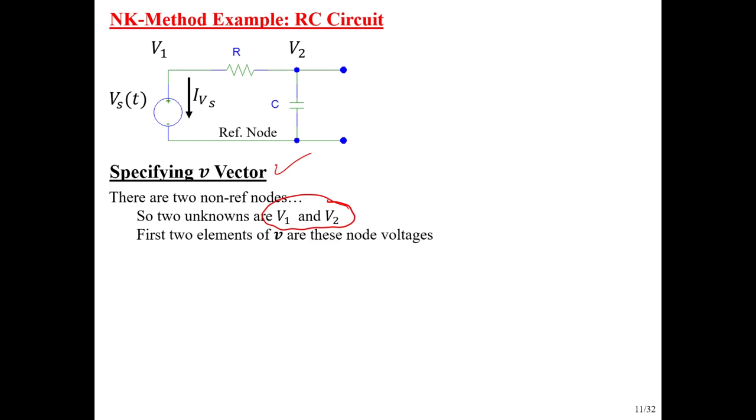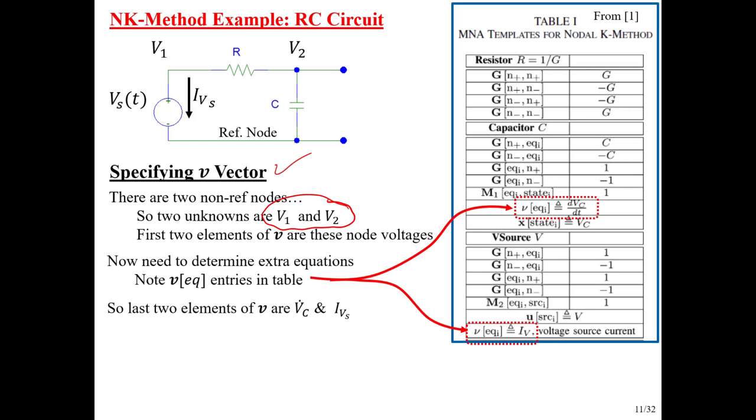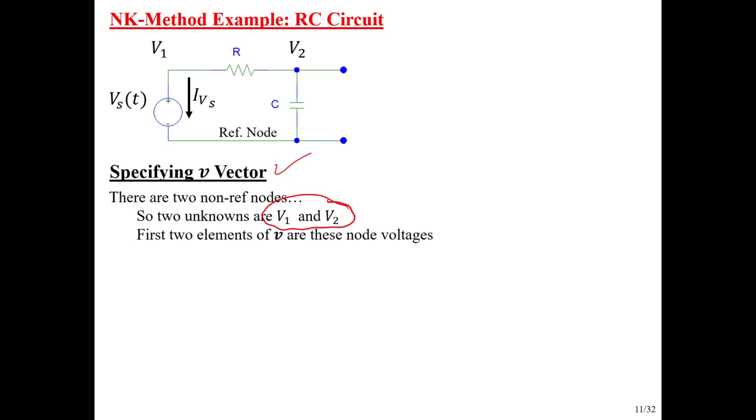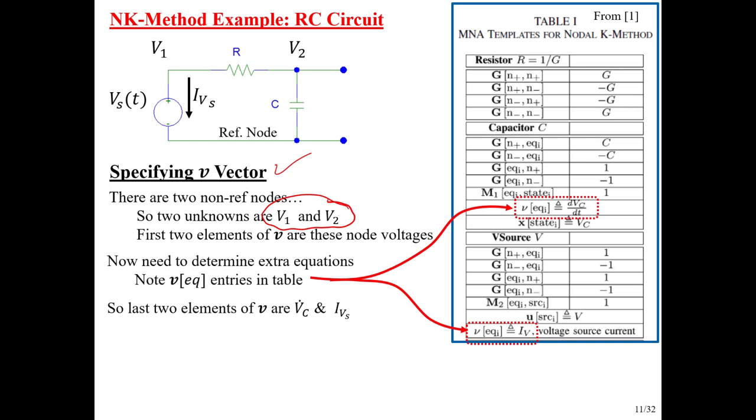So we have a reference node, and then we have two non-reference nodes. So we're going to have V1 and V2. Those will be the first two elements of V. And remember, those get captured by the N plus and the N minus, and we'll see that showing up when we get to the G matrix. Well, we'll talk about that then.